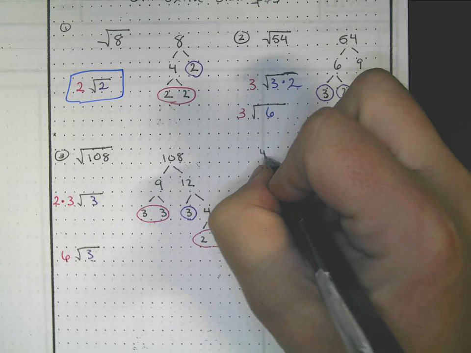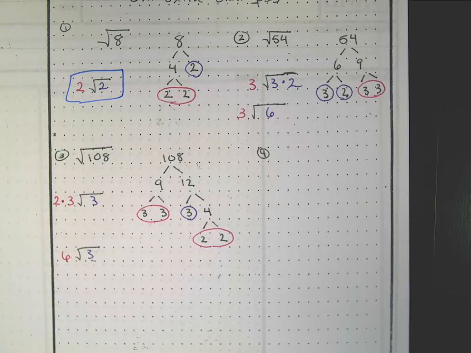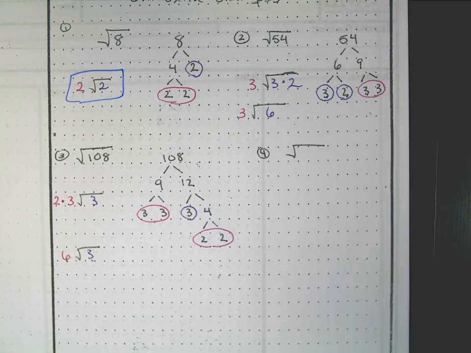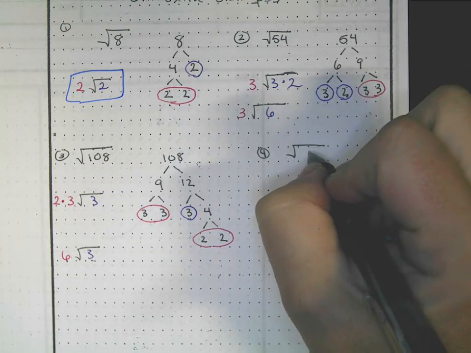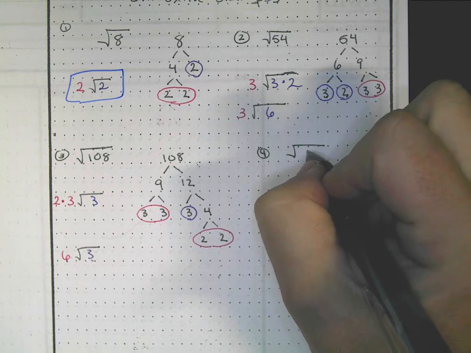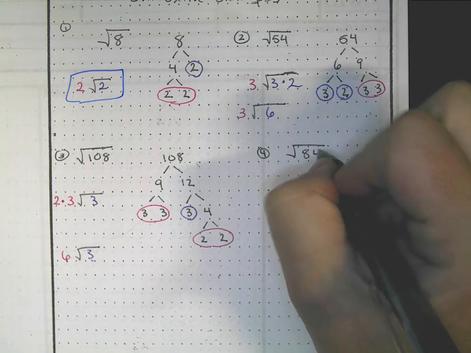Okay, let's do one more. Say we were doing the square root of, let's try 84 and see what happens.